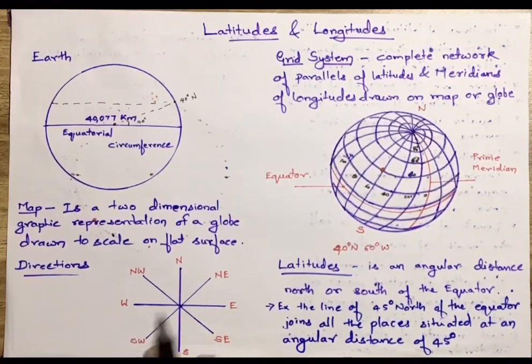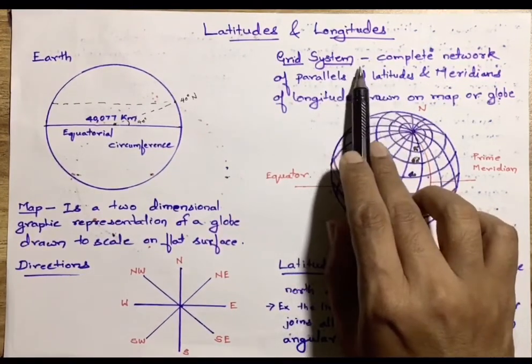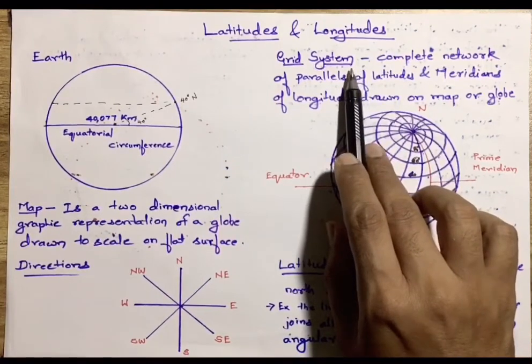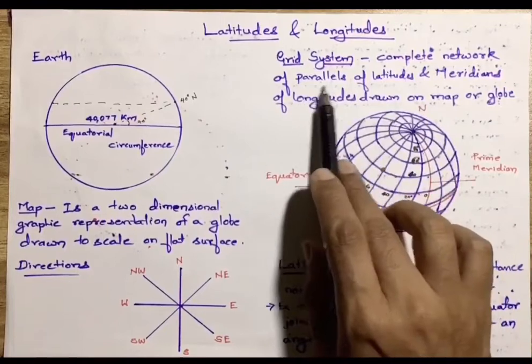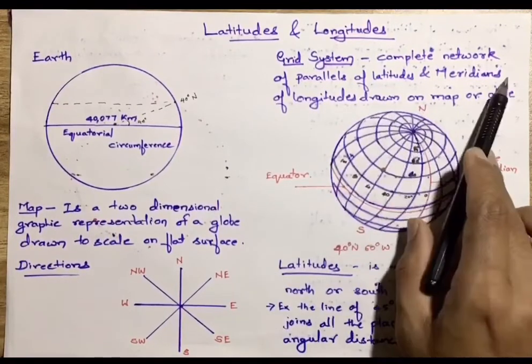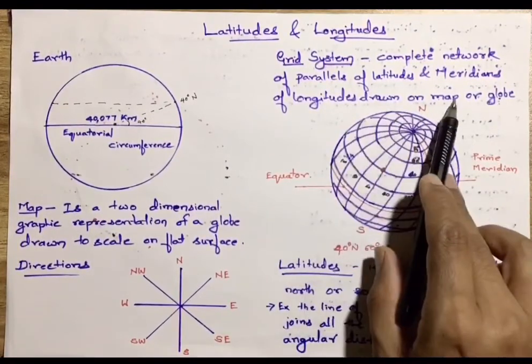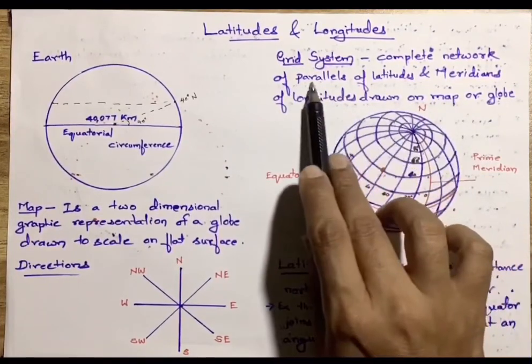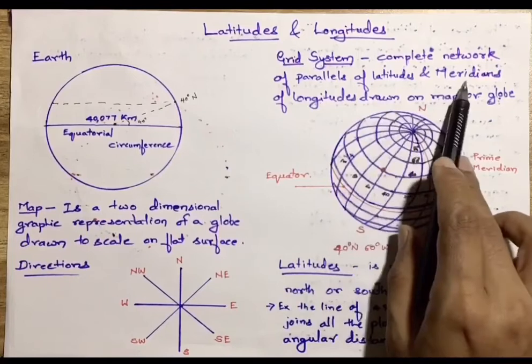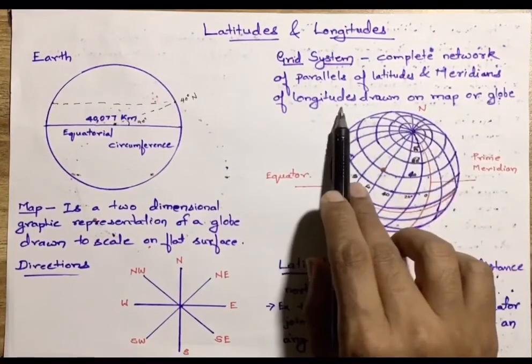Along with that, grid system also plays a very important role. Now, what is grid system? Grid system is a complete network of parallels of latitudes and meridians of longitudes drawn on a map or globe. Now, what is parallels of latitude and what do you mean by meridians of longitude?